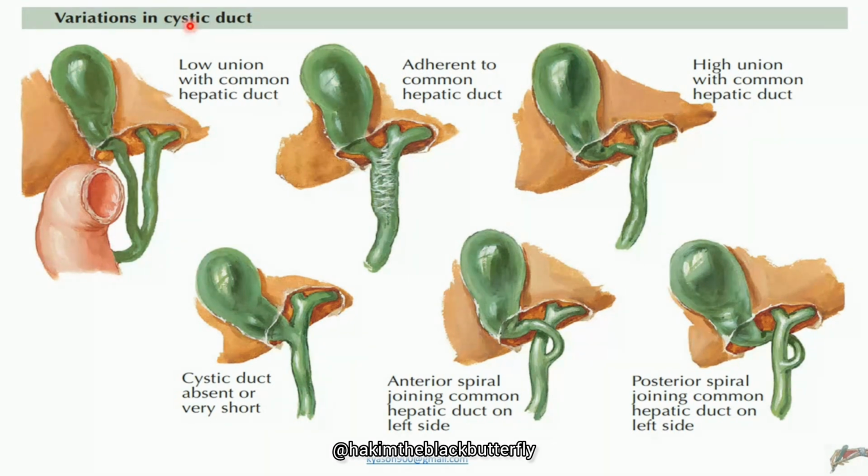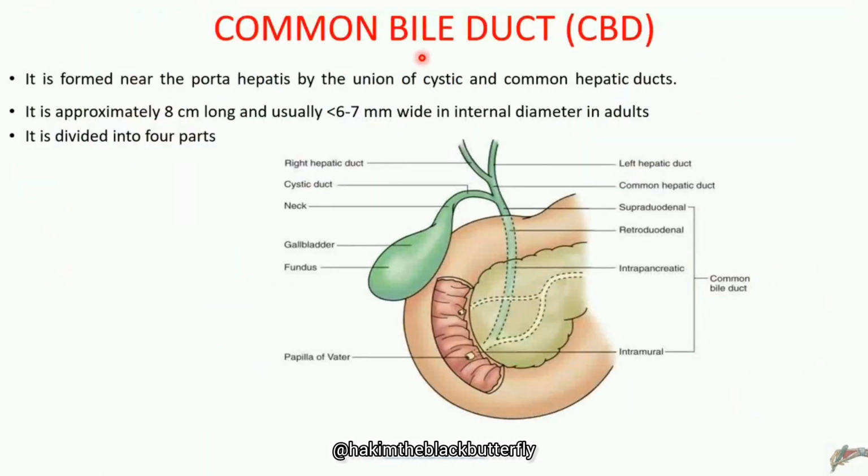The common bile duct, we've already mentioned, is formed after union of the cystic and the common hepatic duct. It's formed near the porta hepatis, and it's approximately 8 centimeters long. The diameter from the right wall to the left wall is about 6 to 7 millimeters.